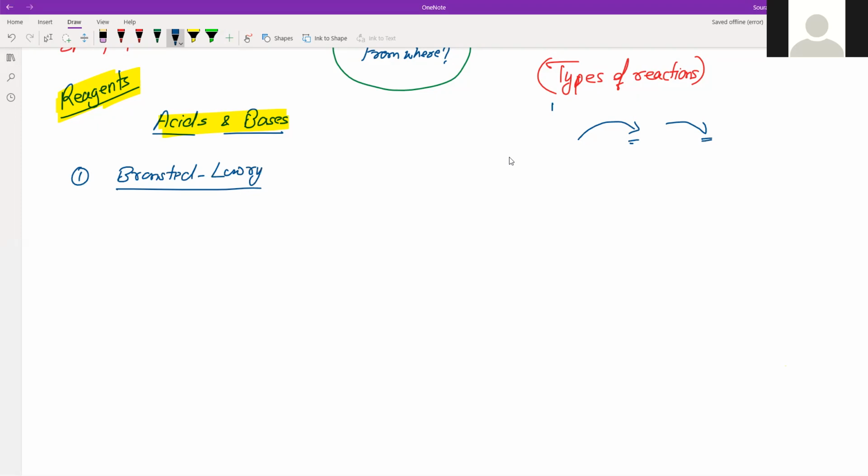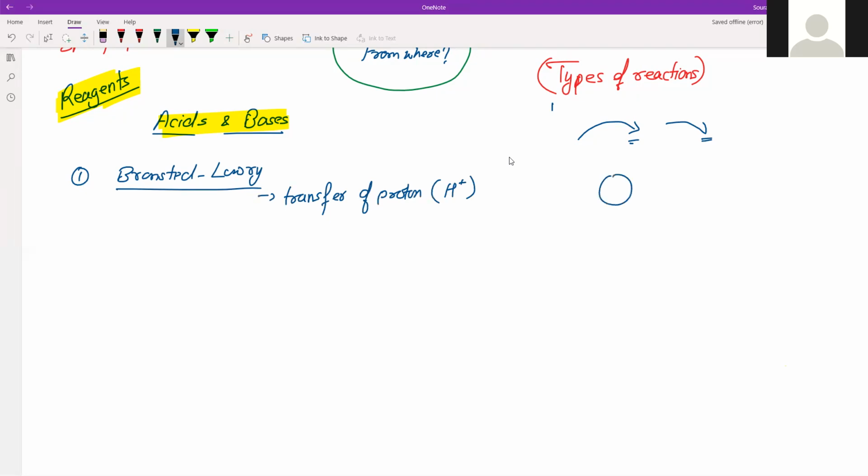So what is Bronsted? According to Bronsted and Lowry, the reactions involve transfer of a proton. And how do we show a proton? Proton is actually H plus. In hydrogen, there is one proton and one electron.